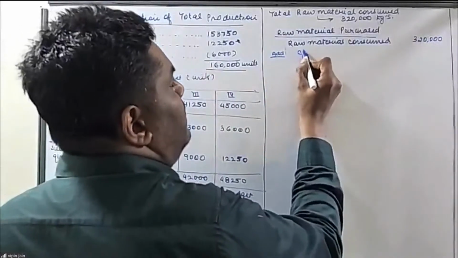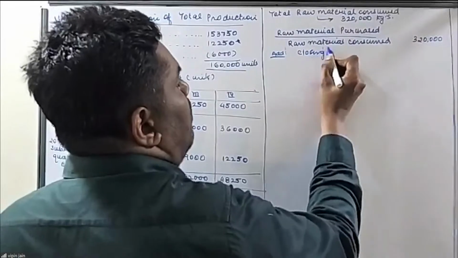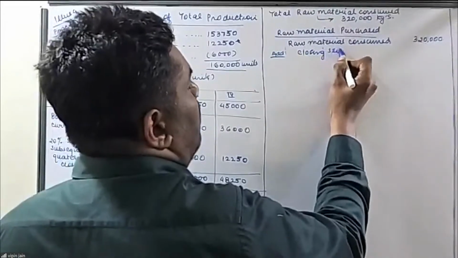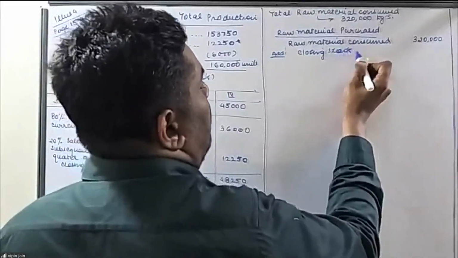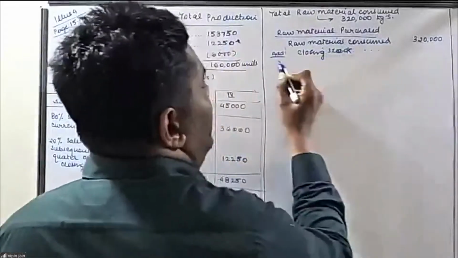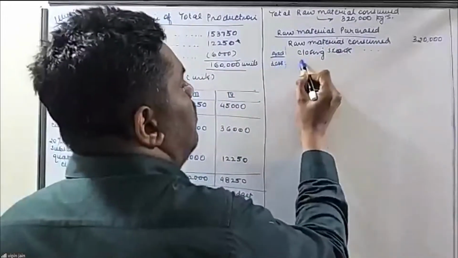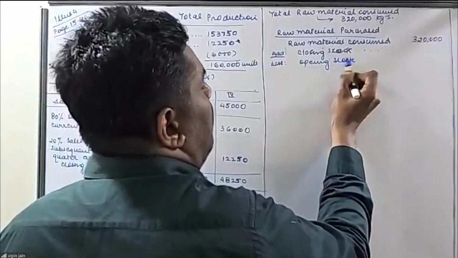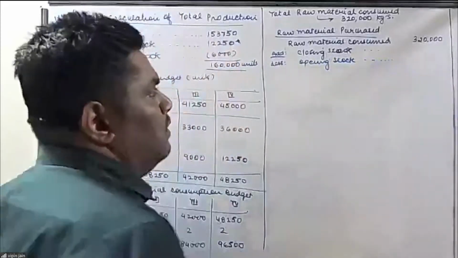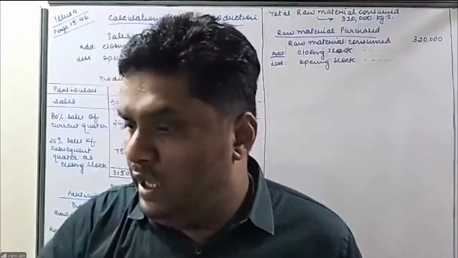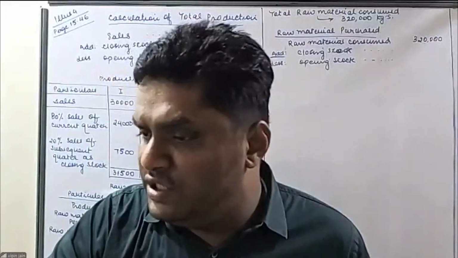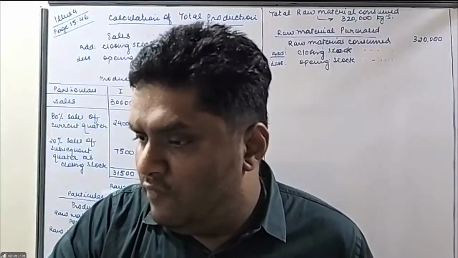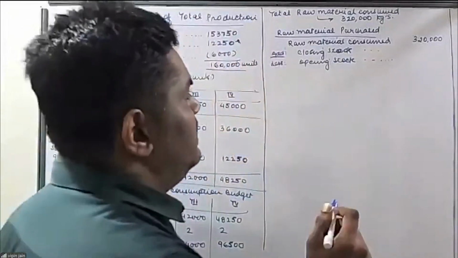We have to add closing stock and subtract opening stock. Here the closing stock is 5,000 and the opening stock is 10,000.